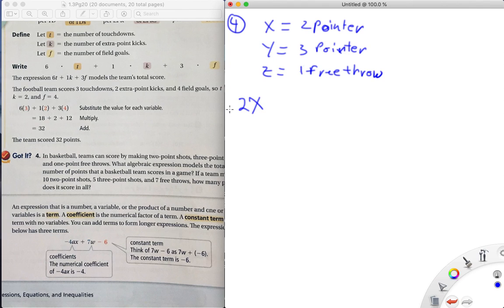So 2 times X. I know that a 3-pointer is worth 3 points, 3 times Y. And I know that a free throw is worth 1 point.